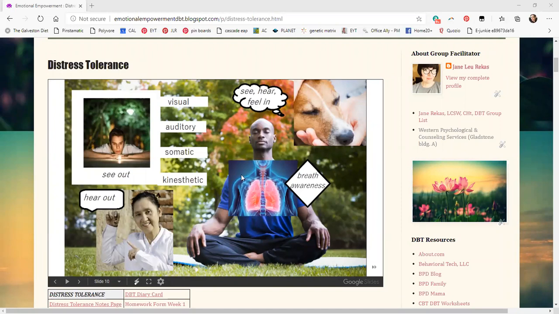So you can also use sound, and we can use all of our senses inward, where inward listening is, again, maybe noticing your breath or noticing your heartbeat, noticing any gurgles in your stomach, and listening out or hearing out is represented by this woman with a bell.